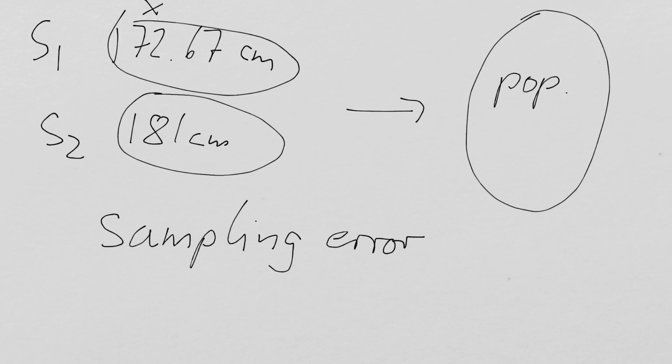If I pick another sample, I will get a different value, probably. Error usually means I make a mistake. I'm either dumb or something didn't work out. But in this case, error doesn't mean that. Error means that every time I do a sampling, there is naturally a difference between the samples.